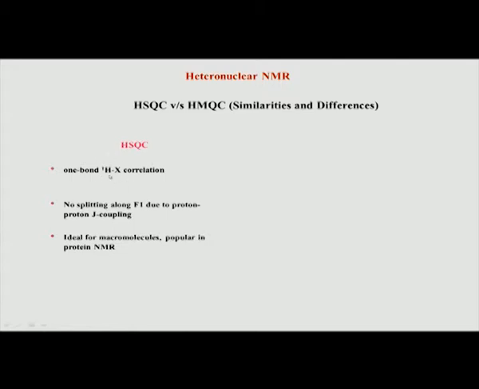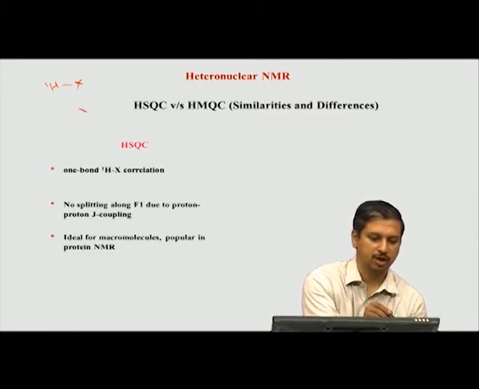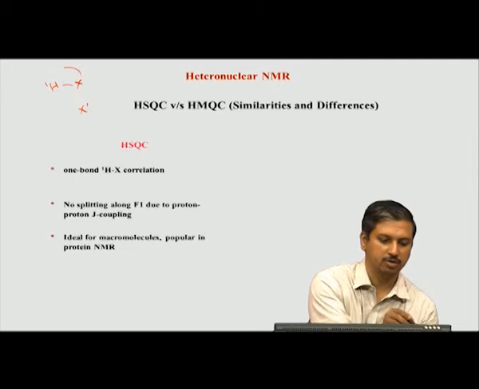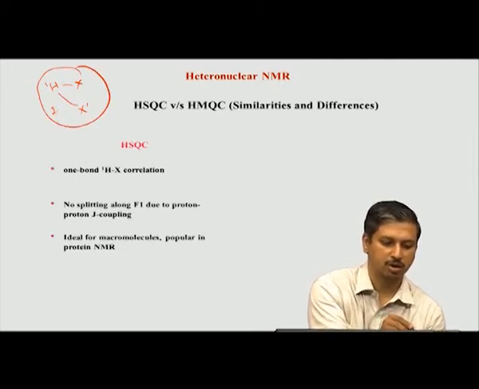If you tune it to a different coupling value, suppose there is one more X and you tune it to that coupling, let me make it more clear by drawing a schematic here. Let us say I have a hydrogen, it is coupled to X, and down the line there is one more X prime in the molecule, and there is a connection by, let us say, 2 bonds, and this is 1 bond.